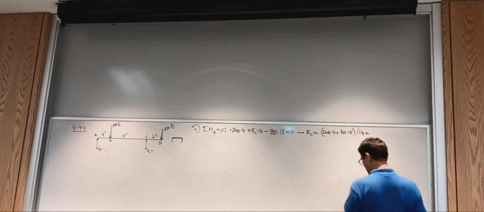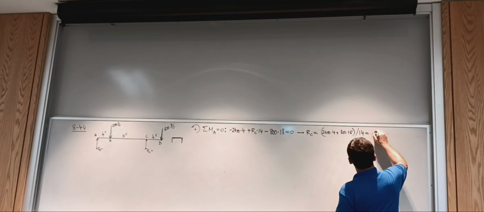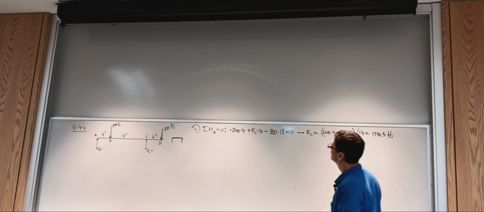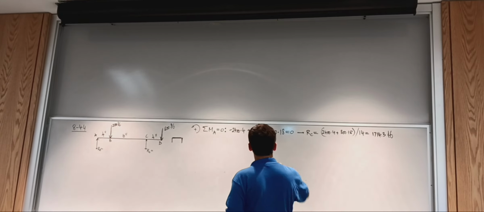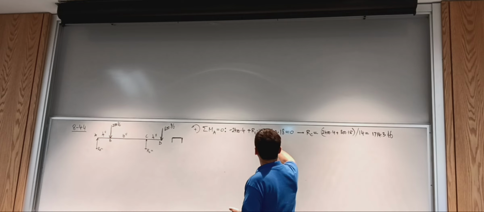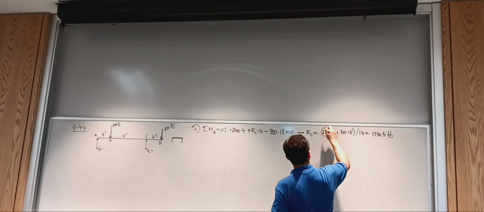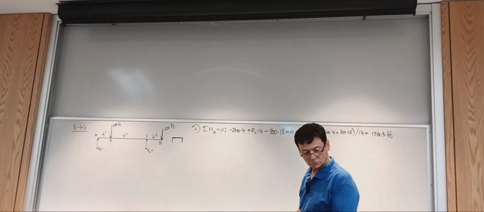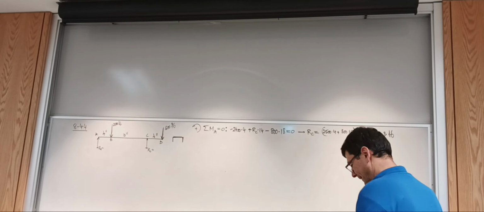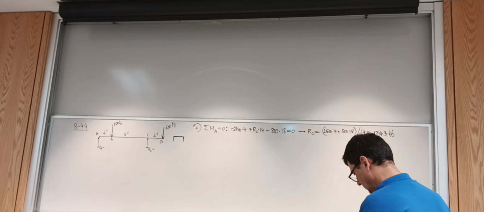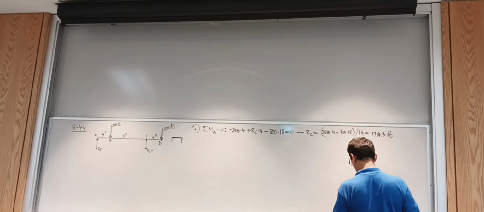I first wrote 2,400 by mistake, but it should be 2,500 times 4 plus 800 times 18 over 14, which equals 1742.9, about 1,743 pounds.